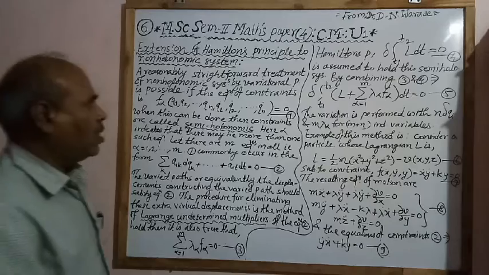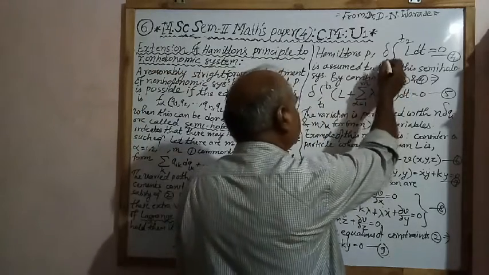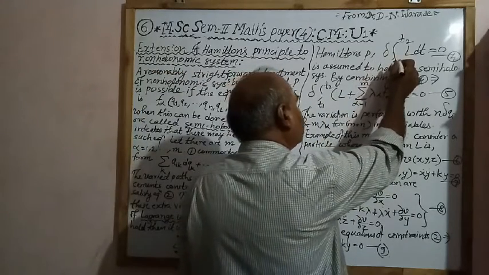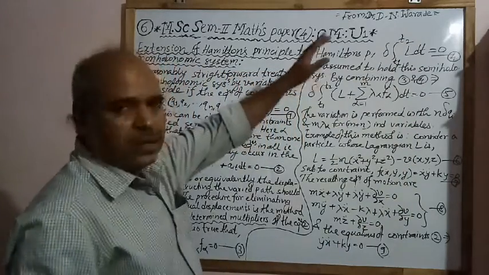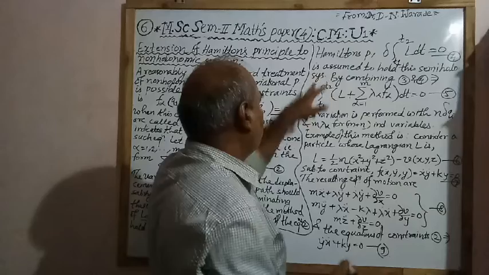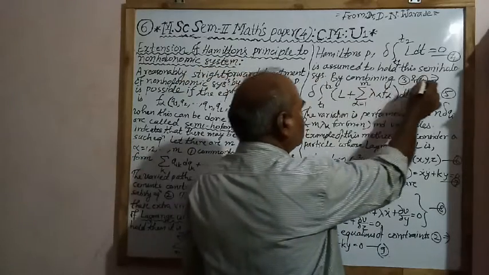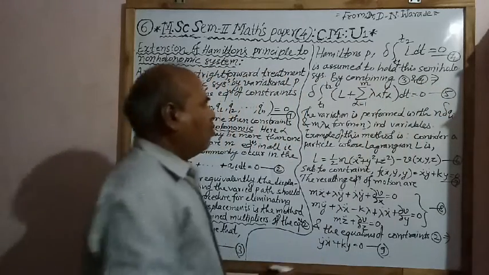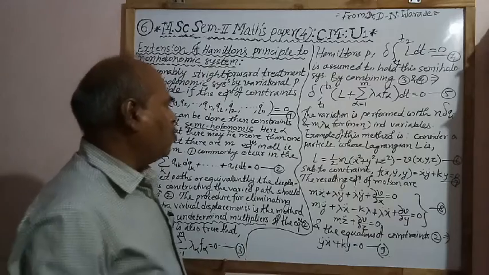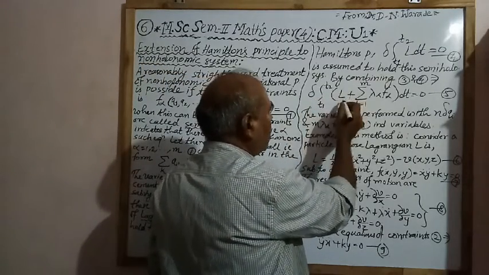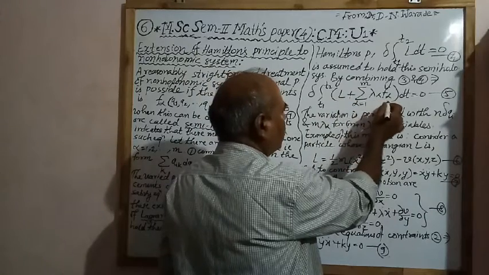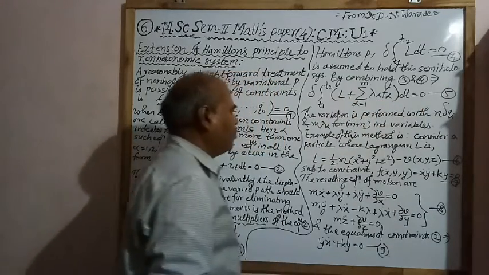Equation number 3. Hamilton's principle, that is variation of the integral from t1 to t2 of L dt equal to 0, where L is the Lagrangian of the system, is assumed to hold for this semi-holonomic system. By combining equations 3 and 4, we get variation of the integral from t1 to t2 of L plus summation lambda_alpha f_alpha dt equal to 0.